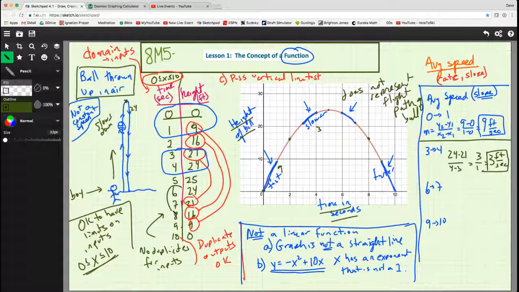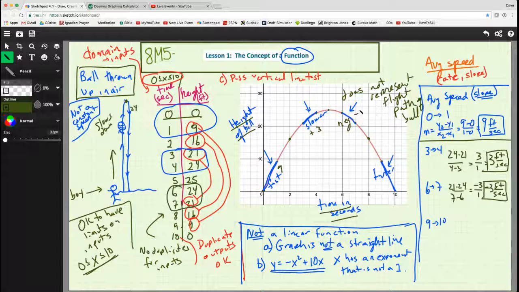Now let's look and see what happens between 6 and 7. Well, we're here. And I've got to do 21 minus 24 over 7 minus 6. And here I get negative 3 over 1, or negative 3 feet per second. Whoa, what is going on with this negative? Here it was positive, and here it's negative.